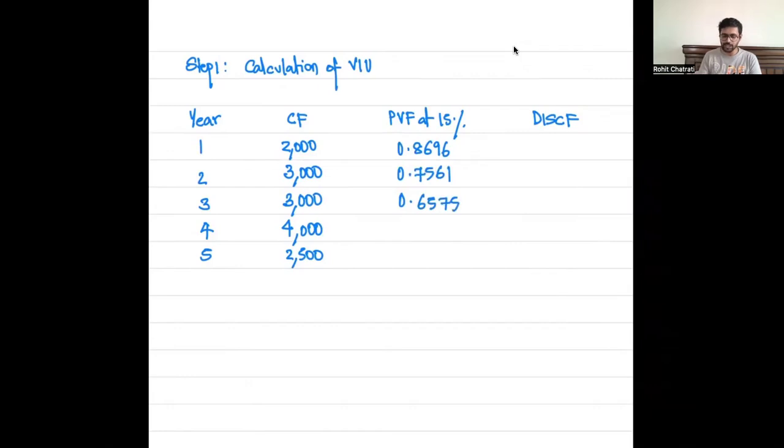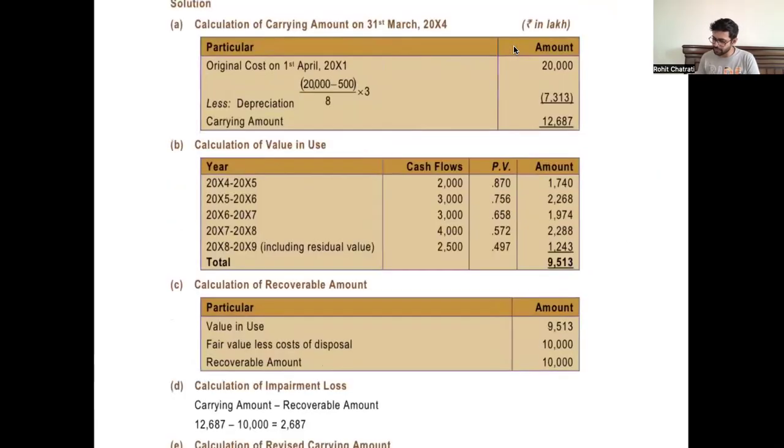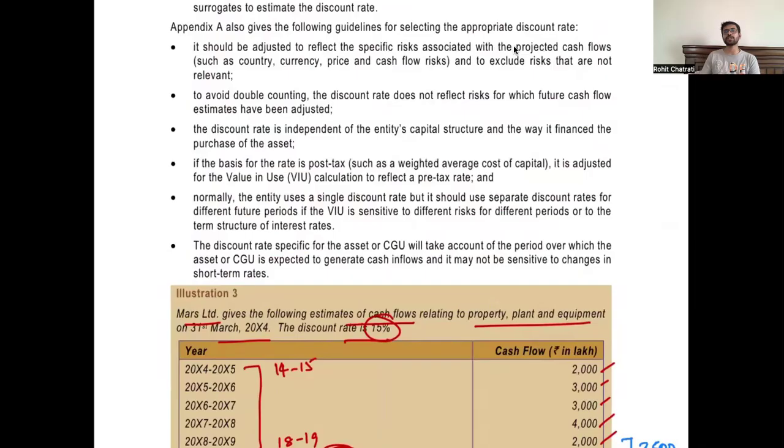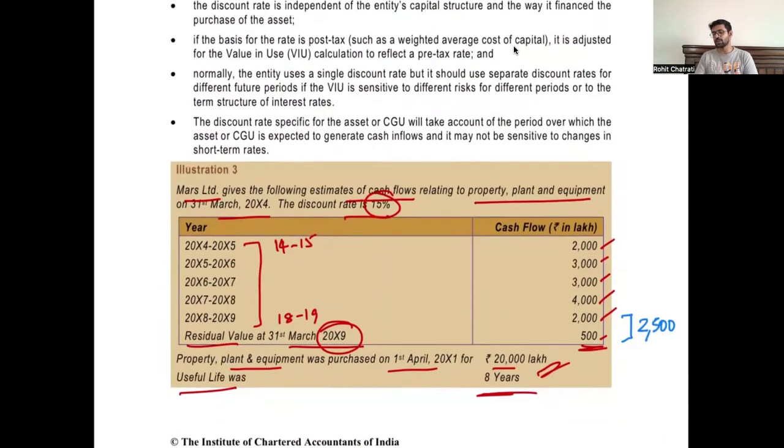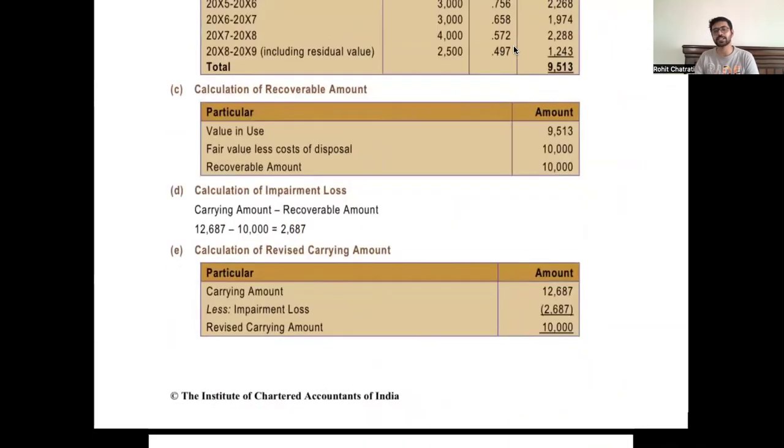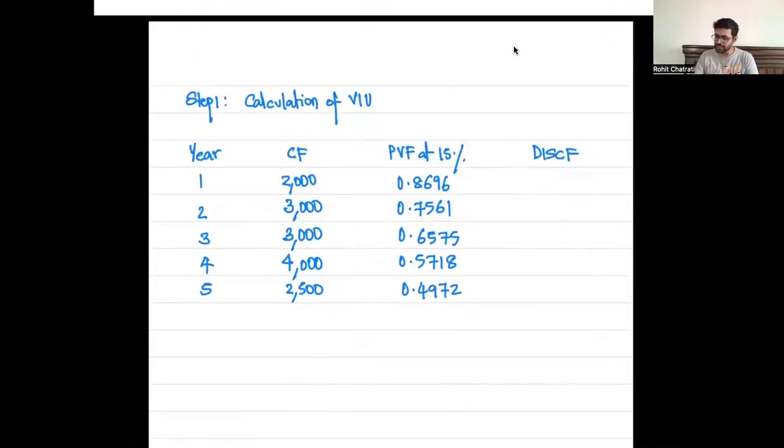The fourth year is 1 divided by 1.15, the whole power 4, which is 0.5718. And the fifth year will be calculated as 1 divided by 1.15 whole power 5, which will be equal to 0.4972. All right. So we have discount rate given as 15%. Using the 15% discount rate, we've calculated the discount factors to be 0.8696, 0.7561, 0.6575, 0.5718, 0.4972.